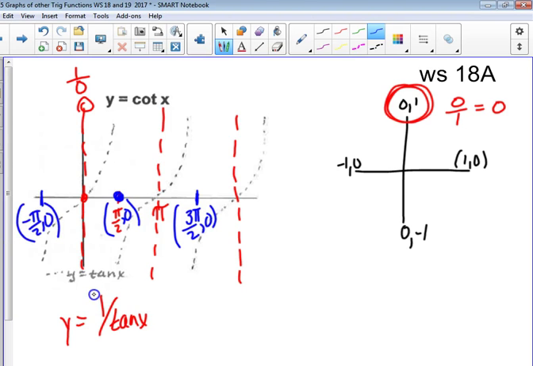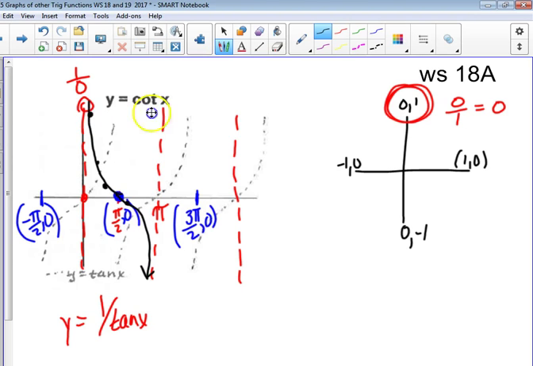Okay. And let me talk you through this. Where this had really tiny little values, like 1/10, the reciprocal is now 10. Where it had a value like 1/2, the reciprocal is 2. Where it had a value like 2, the reciprocal is 1/2. Where it had a really negative number, like -10, it's now -1/10.